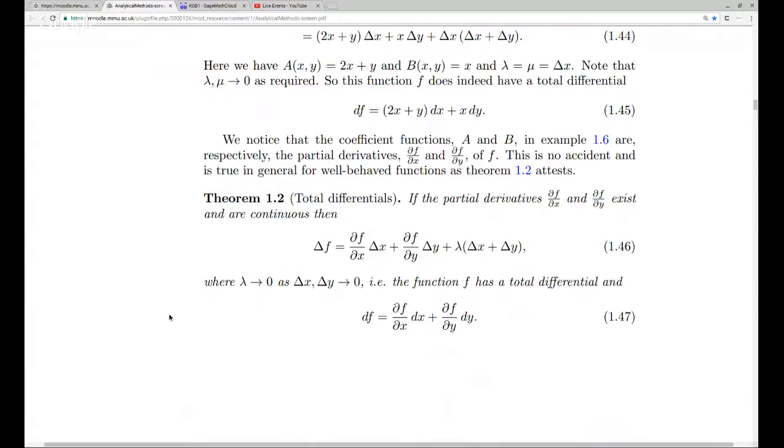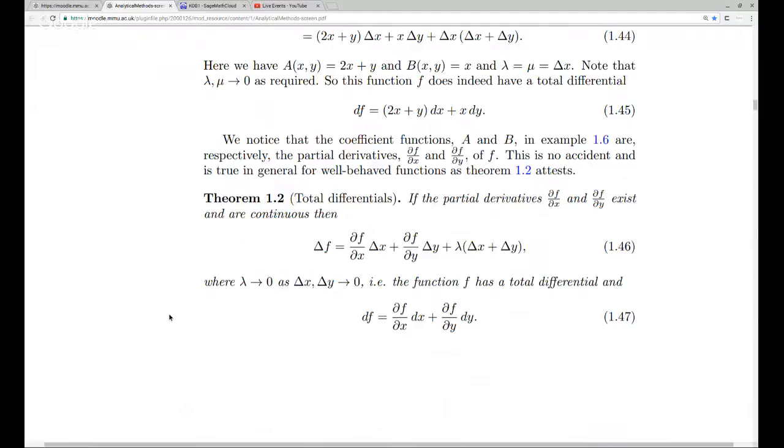In that case, the function does have a total differential. You can express the change in f as a function times delta x plus a function times delta y plus this kind of error term here, which is a product of this quantity lambda multiplied by delta x and delta y, and the lambda has the property that it converges to 0 as delta x and delta y go to 0.